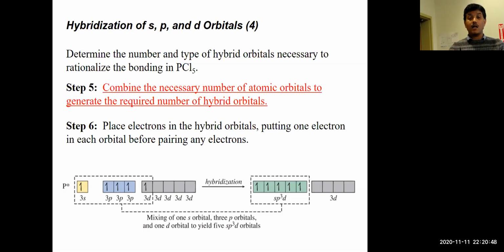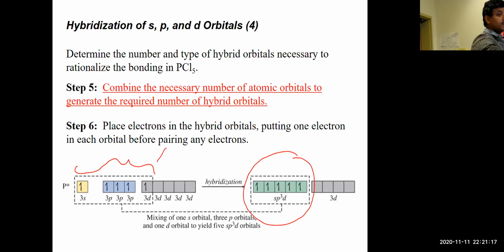We are expecting that all P-Cl bonds have the same bond length, which means they must be using hybrid orbitals of phosphorus to bond. Because we already know how many electron domains there are in PCl5, 5 of them, we are going to work to get 5 hybrid orbitals. So we are going to combine all of the atomic orbitals that are necessary to form the bonding, to form the new hybrid orbitals.